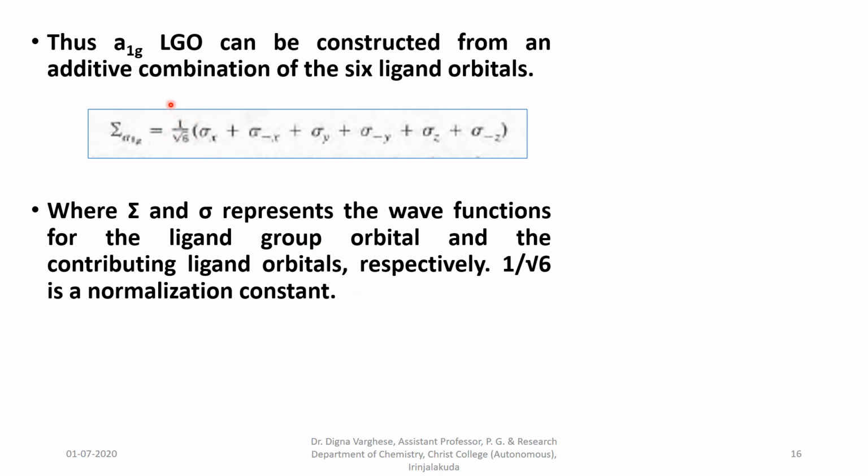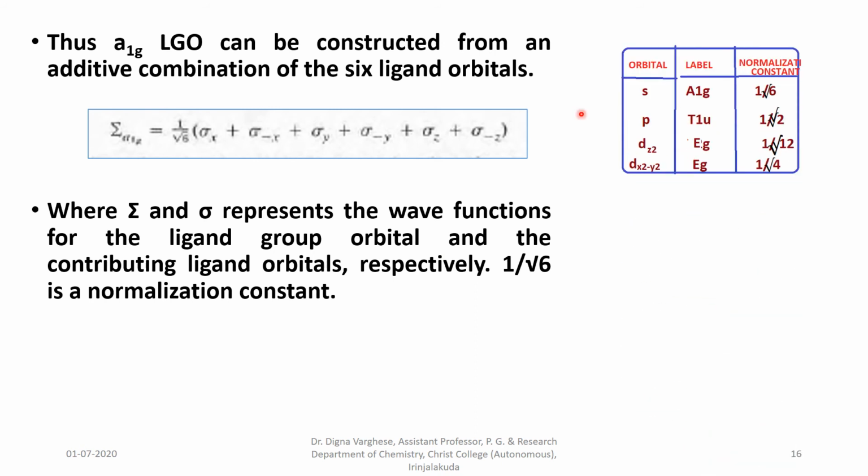For the p orbital and d orbital, there are other normalization values that we can see from the table: a1g is 1 by root 6, p labeled as t1u is 1 by root 2, dz² eg is 1 by root 12 and dx²-y² eg is 1 by root 4.